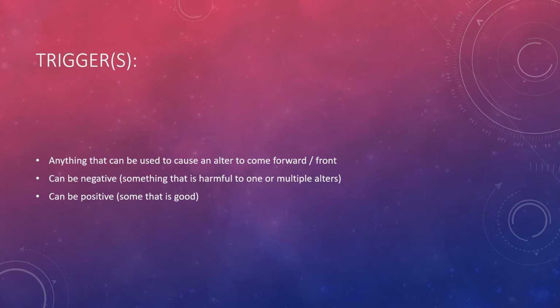When it comes to triggers, it's important to not purposefully trigger an alter out, as this can cause harm not only to that individual, but also to a system as a whole. And this is true whether it's a positive trigger or not. This is not a game and it's not funny.